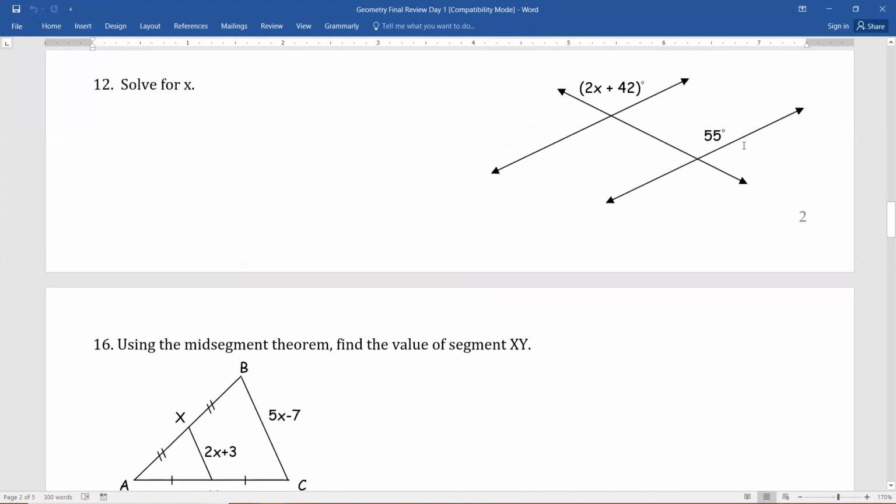Moving to question number 12. Looks like question number 12 has been moved. This should be in here. So at some point it's moved when I deleted things. So move that 2x plus 42 down here.